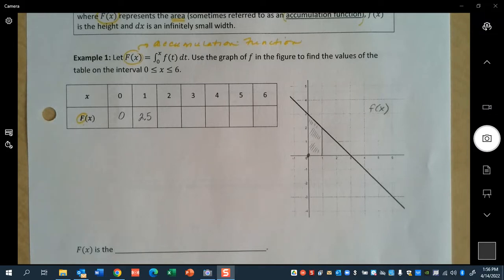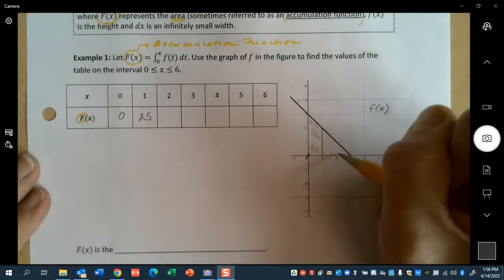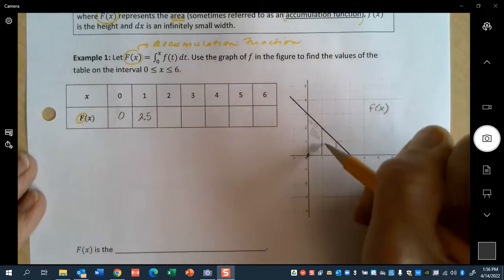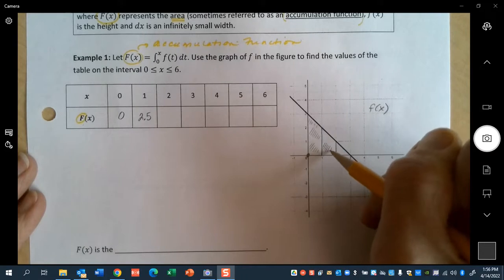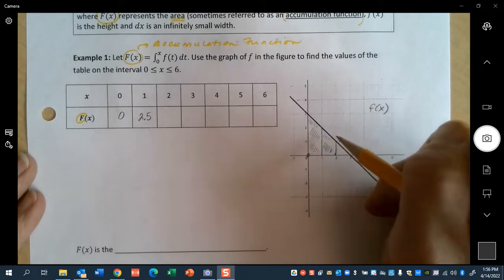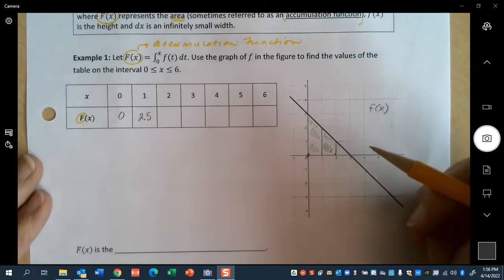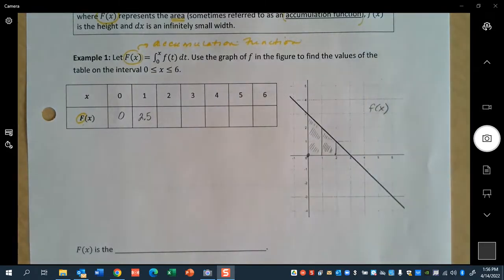All right, so now let's look at what happens at 2. Here we are at 2. My accumulation function, I get to look at this. I think it says now. What does it say now? Now is now. So what do you think goes in that box? Turn and talk to your neighbors. Go.